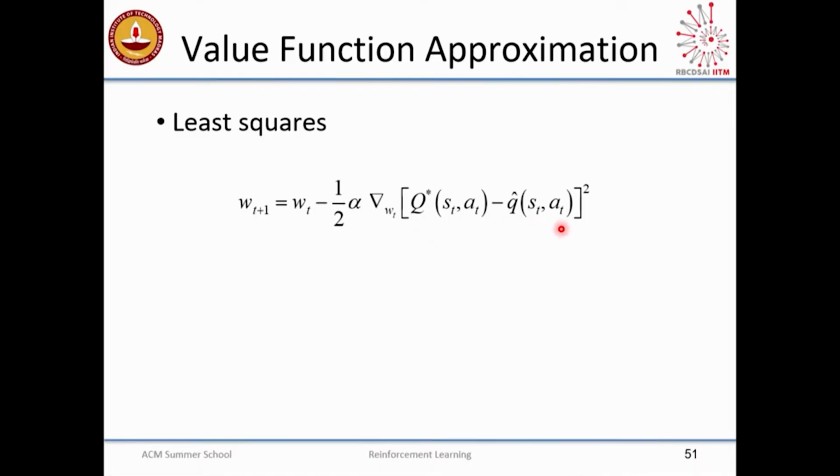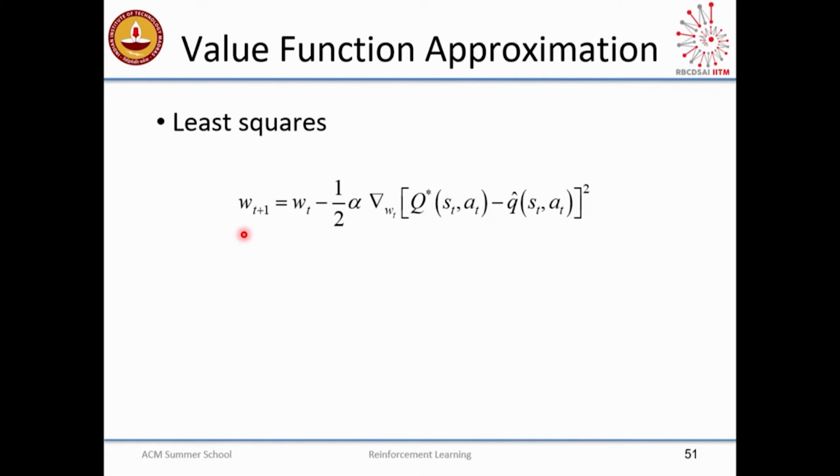I have some parameters w_t, which are my weights. My target is q star, my current output is q hat. I take the squared error, I take the gradient of the squared error with respect to the weights, and then move in the direction opposite to that gradient and update my weights.